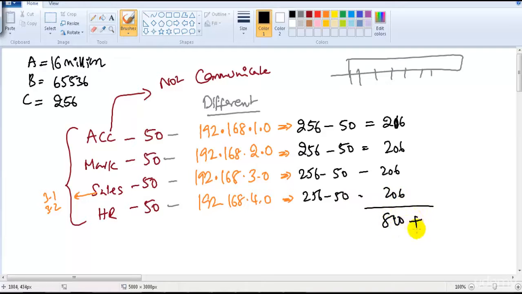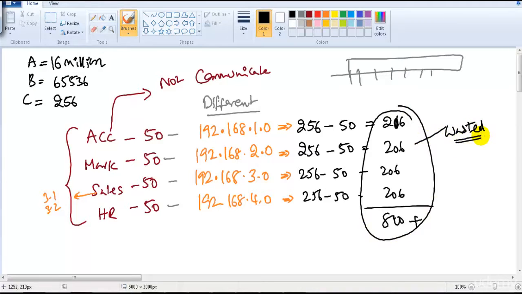These addresses are simply wasted, because my requirement is just 50, and even with the smallest possible size I'm still wasting a lot of addresses. So there's a lot of wastage here.